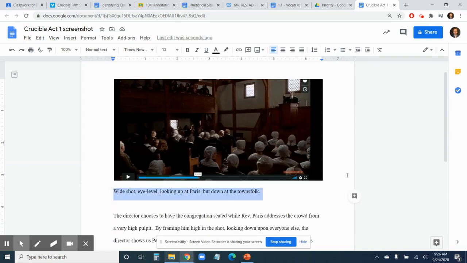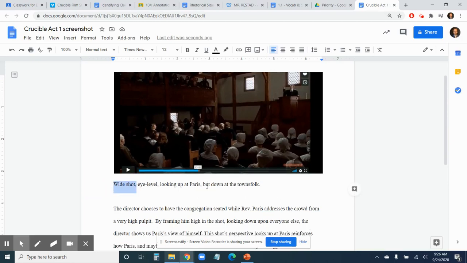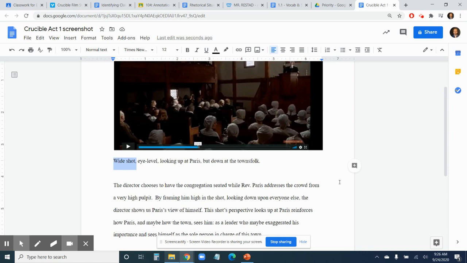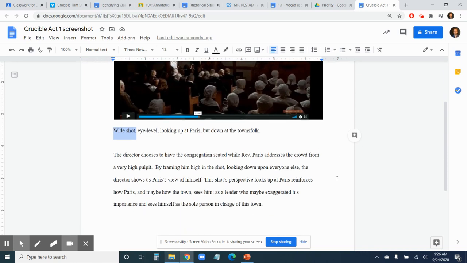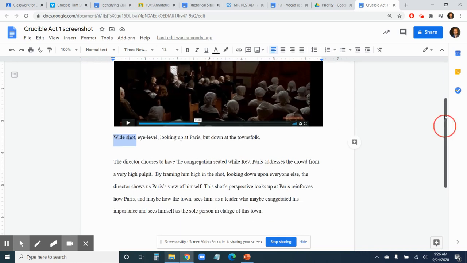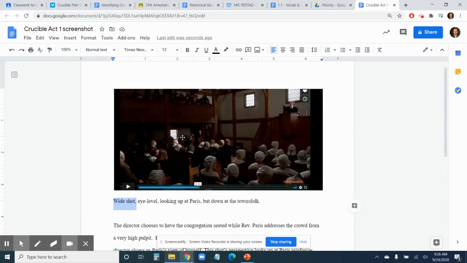Cool. Once I've identified the type of shot, both the frame used and the perspective used, I can then start to analyze it and get to our big point. Our big point is that I'm able to figure out some meaning behind this shot and then see how the structure of this shot starts to back up that meaning.